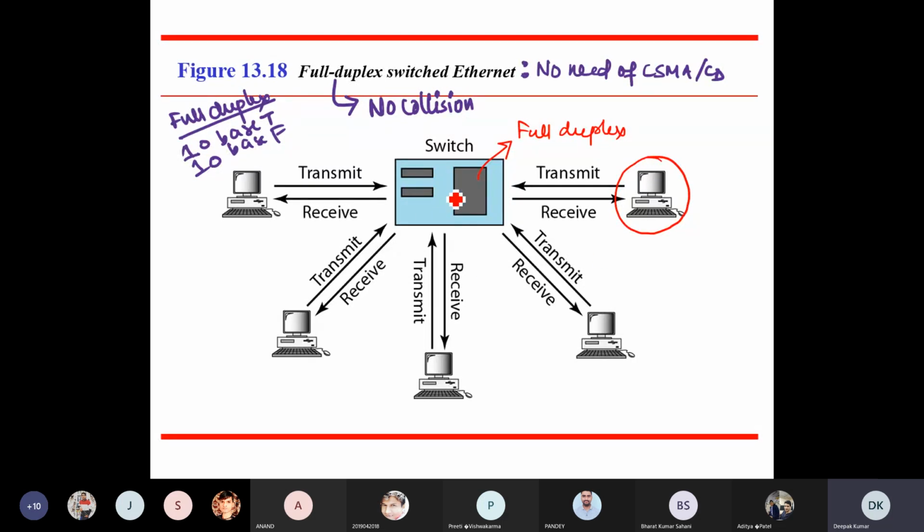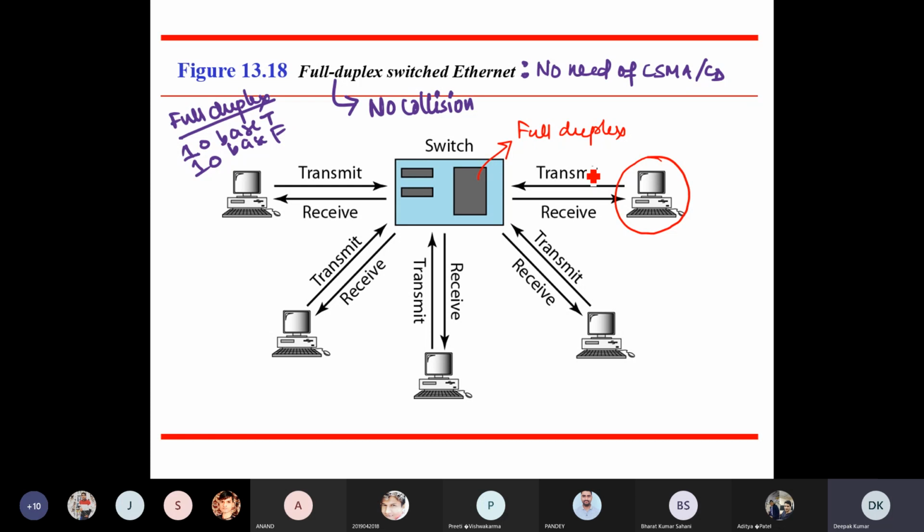So in this type of scenario, this is basically an improved version of switched Ethernet. The improved version of switched Ethernet is full duplex, because the only change here is that the wire or the medium has been replaced.